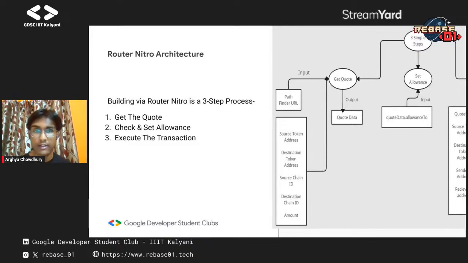If you check the Router Nitro documentation and the whole architecture part, then you can understand what these parameters do and how they execute the transaction. Again, I'm not going into much depth, but all these parameters help in confirming that transaction. And once that transaction is confirmed, you can get those tokens or assets back to your wallet.